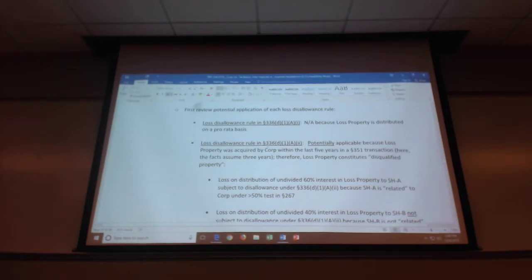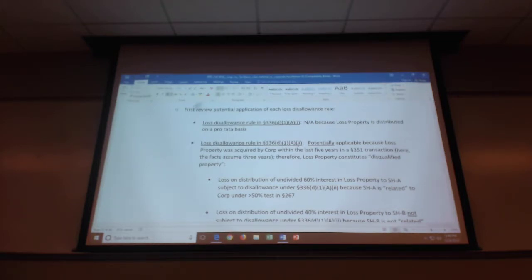The second rule, 336(d)(1)(A)(ii), kicks in when it's a pro rata distribution of loss property to a related party, but it's considered disqualified property.